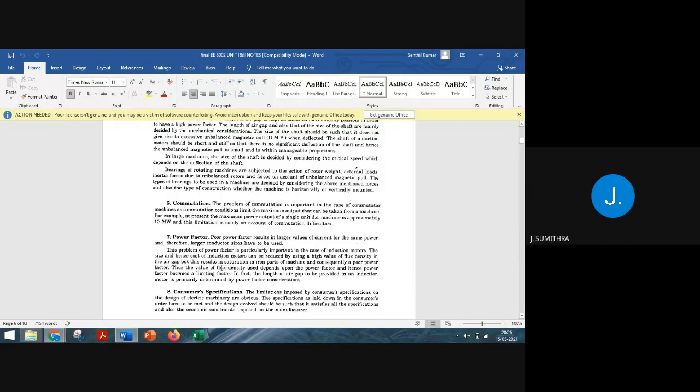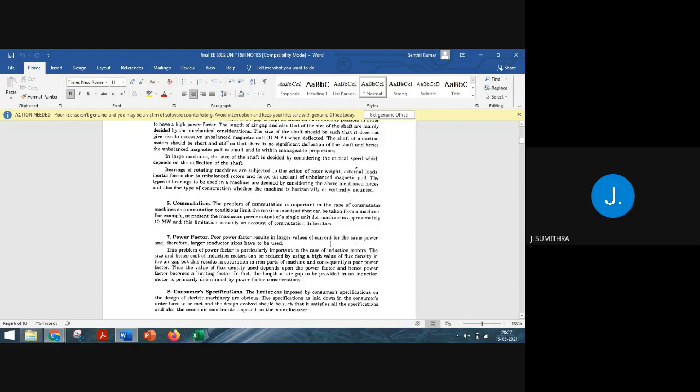Then comes the power factor. As I mentioned already, for induction motors, it is advisable to design the length of the air gap to a smaller value so that the machine can work with a higher power factor. The reason we should not operate machines with lower power factor is that if it operates with a lower power factor, for handling the same power you need a larger conductor size for carrying that current.